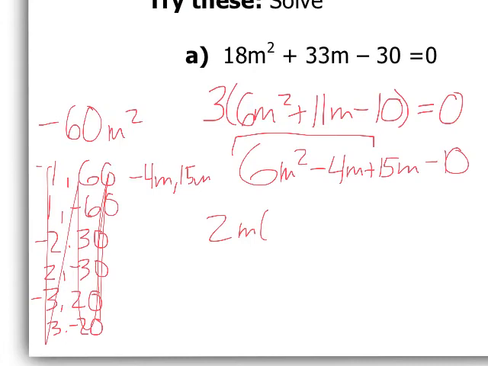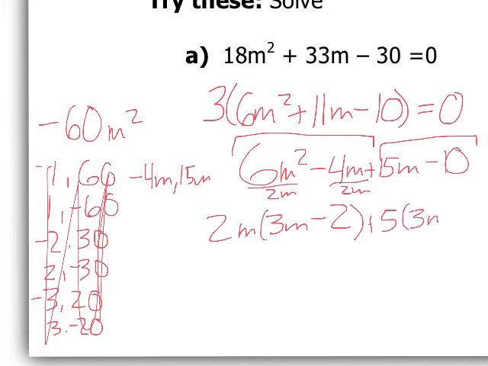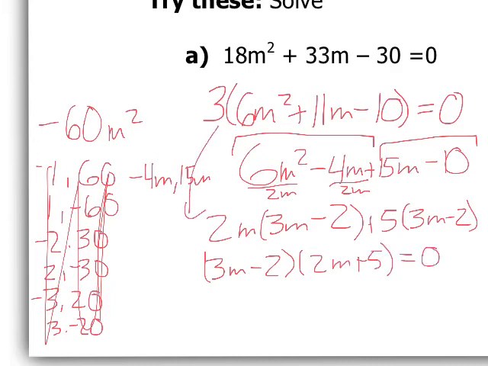So I bring out a 2m, and I'm left with 3m minus 2. Out of the last 2, I bring out a 5, so plus 5. And I'm left with 3m minus 2. So my parentheses match, so 3m minus 2 comes out. 2m plus 5 is left over. Don't forget I'm equaling 0, and don't forget about your GCF.